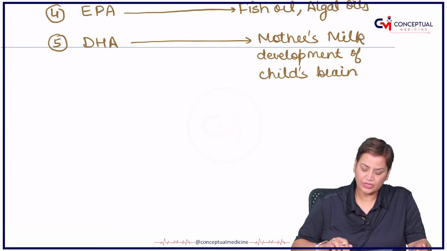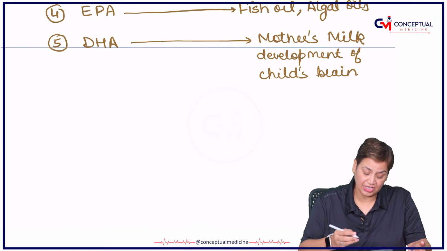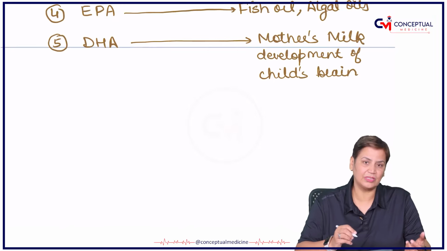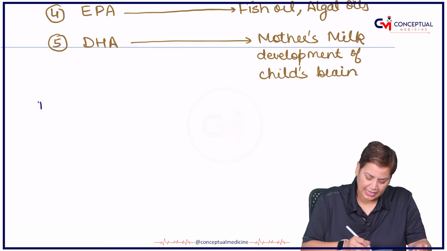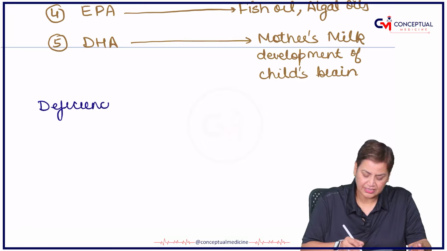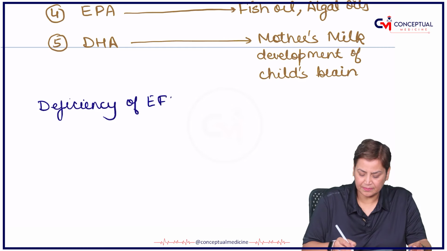Now the question is, what is the feature of this? Why are they essential? Because again I told you so many roles they have to perform. Now what if they are deficient in the diet? Deficiency of essential fatty acids.